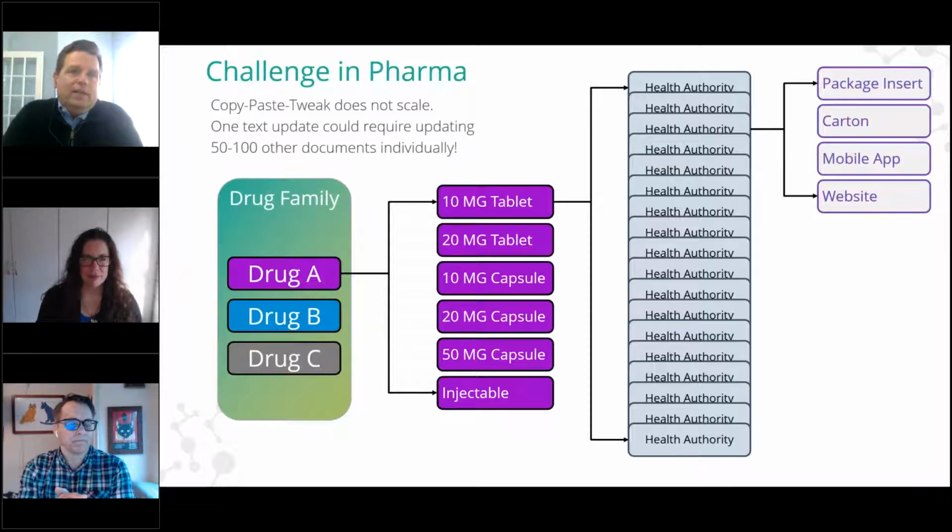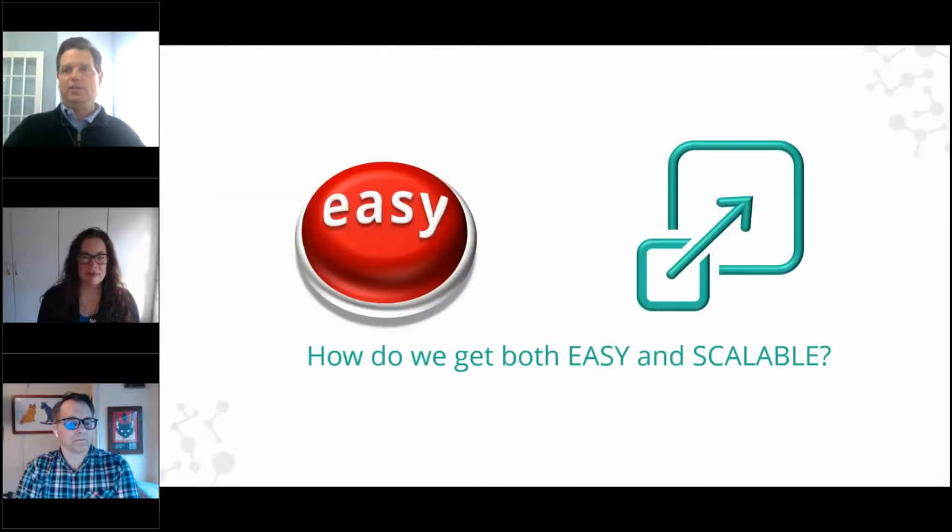So the idea is that if there's a change to one of these drugs at the beginning that has to then be done across all these different documents, it might affect 50, 100 more documents. And I'm thinking it's going to take weeks and months just to get through all of that. So I guess the question is, is there a way to get both easy and scalable?